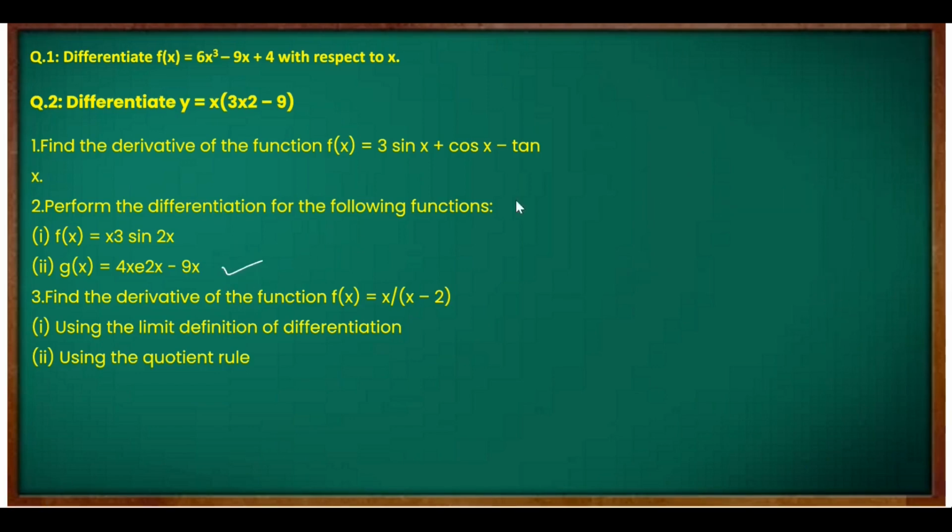Okay, let's take this question now, that is y is equal to 4x into e to the power 2x minus 9x. We'll apply the u into v rule here. This is separate, we'll do that separately. So dy by dx is equal to, you can do one thing here, this 4 can be kept out.